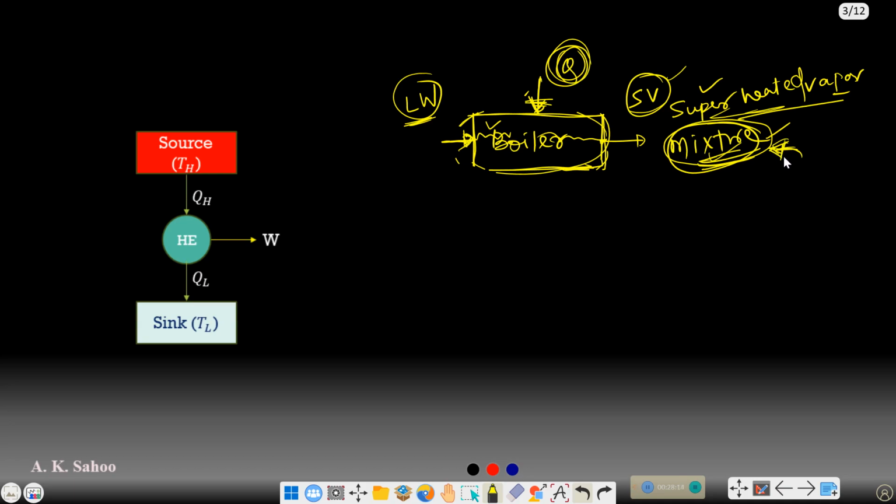After the addition of sensible heat, when the liquid water reaches its boiling point temperature, if you again add heat, then your liquid water will be converting into vapor. After complete formation of vapor, if you add heat, the temperature of the vapor will increase. That means in this case also we are adding sensible heat. So now this vapor will be converting into superheated vapor.